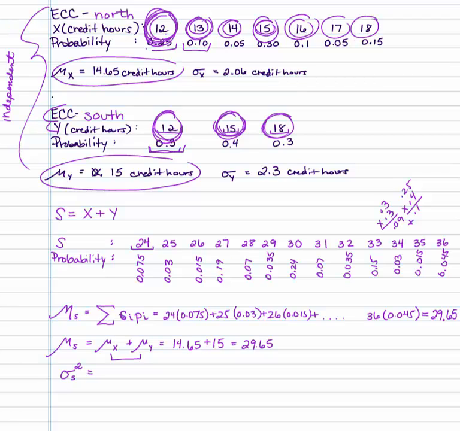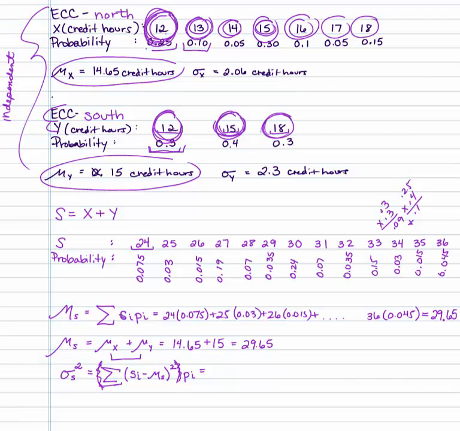And the variance is the sum of the S value of each one, take away the mean of S, square it, and that's multiplied by the probability of each one. And then in the end, we sum them up. That's what I was trying to get to, okay?